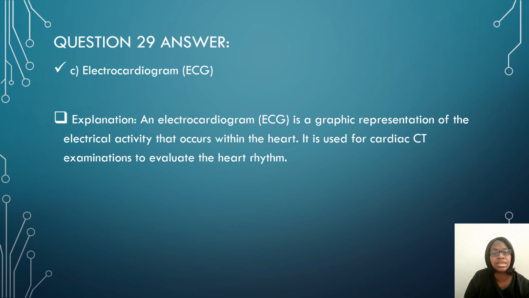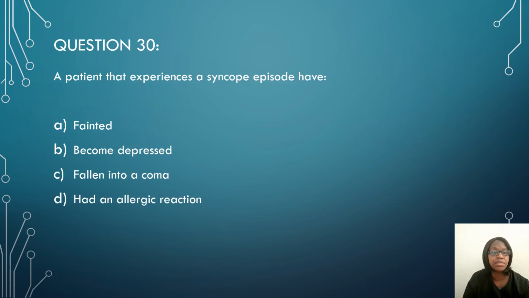Just know how to read it as well, your PQRS waves. And I also have this lesson on my channel in my CT Registry review playlist. If I remember, I'll try to link it in the description part of this video. That information is packed with tons of notes that I created, study guide notes. So you can also use these questions and that review video to help you as well.